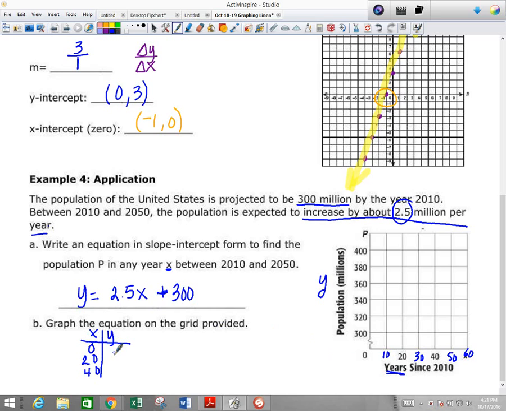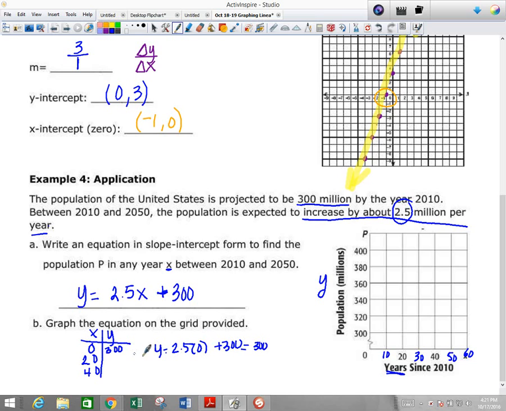Okay, so just use the ones that they gave. So I know when x is 0, I plug in 0 for x. So y equals 2.5 times 0 plus 300. We know 2.5 times 0 is 0, plus 300 will give us 300. So our y value will be 300.